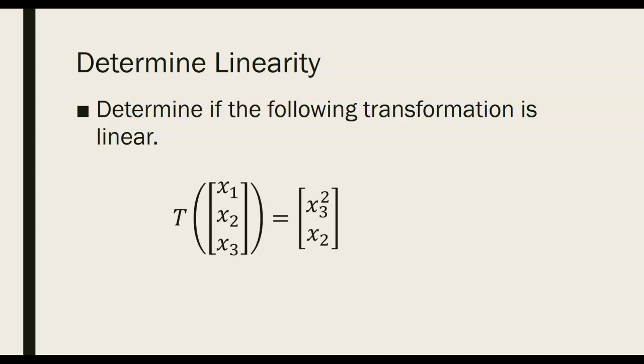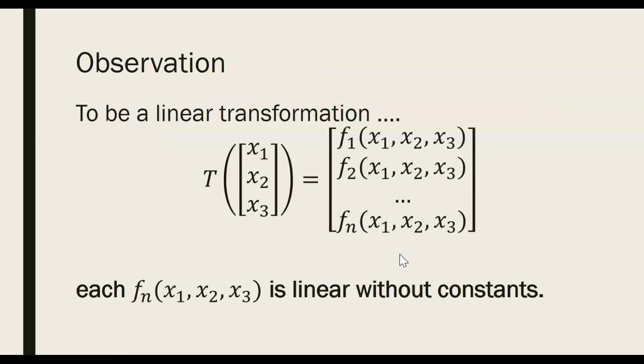This one is not linear, this transformation is not linear because of this first entry. This is not a linear function. And then this is linear because the first entry is a linear function that doesn't involve constants. The second entry is a linear function that doesn't involve constants. All right. So now we can easily categorize all the transformations which are linear.